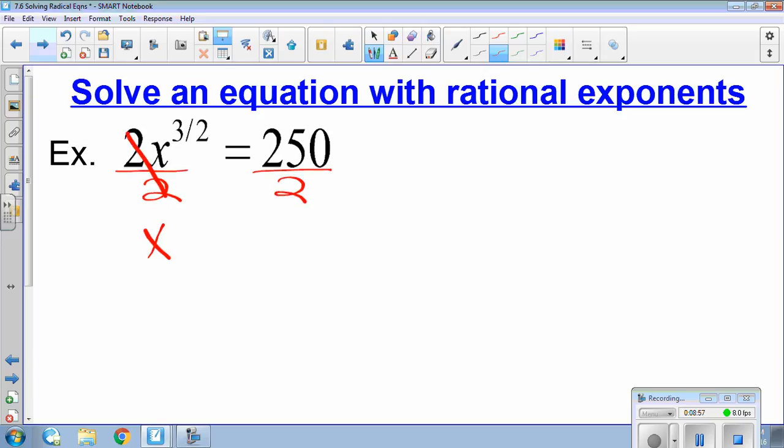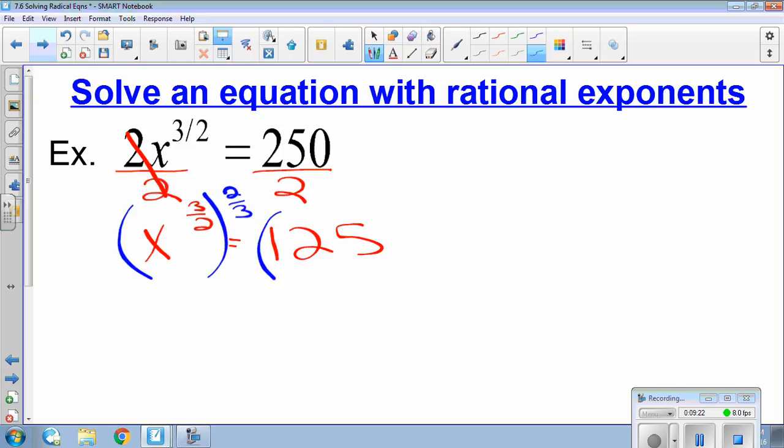So you get x to the 3/2 equals 125. Now I have x to the 3/2. I don't want that. What do I do? Raise it to the 2/3 power. Raise both sides. You have to do it to both sides for it to stay equal. Now, I raise it to the 2/3 power.